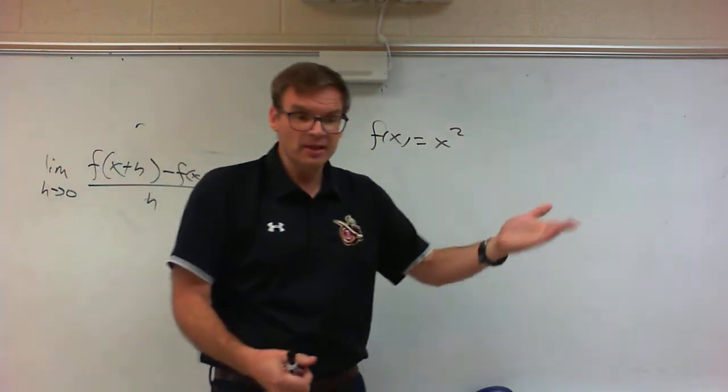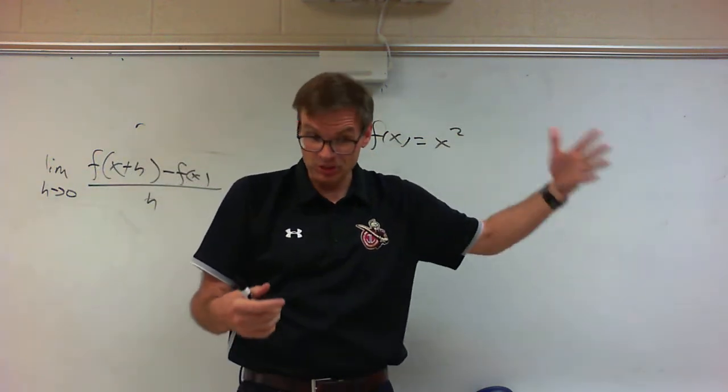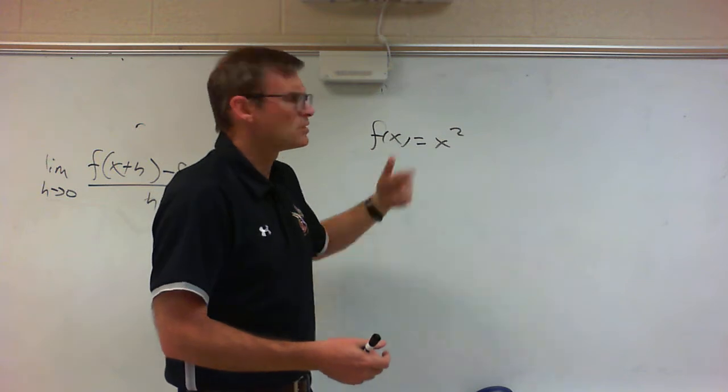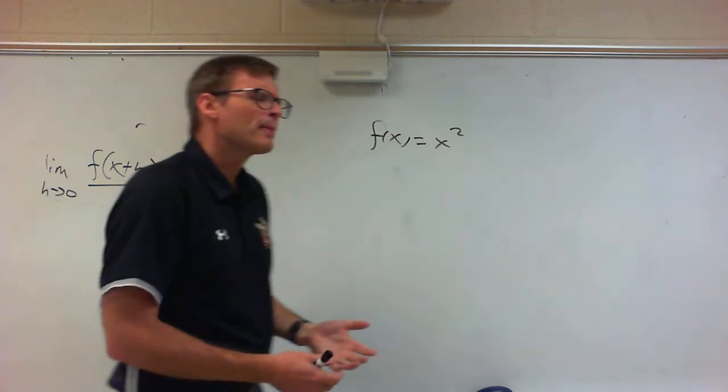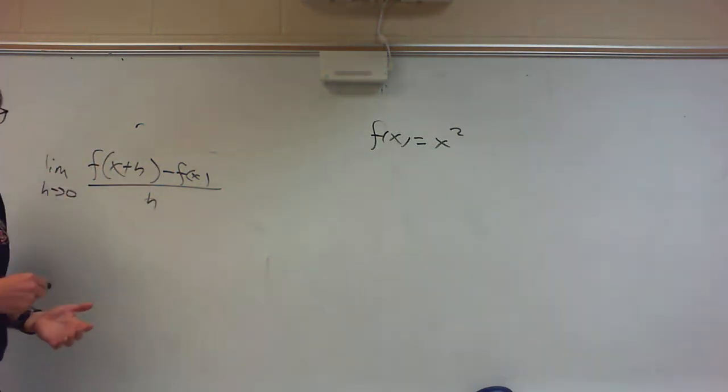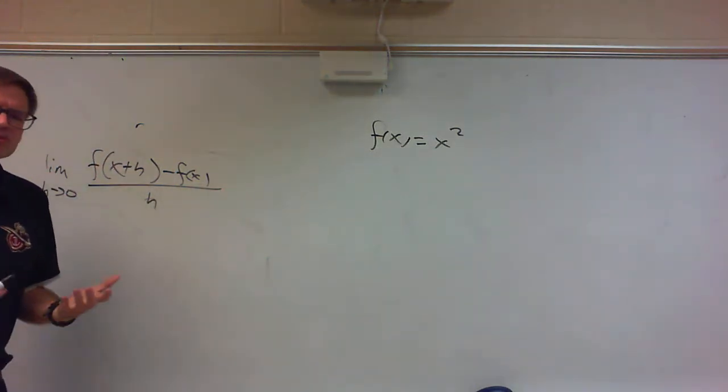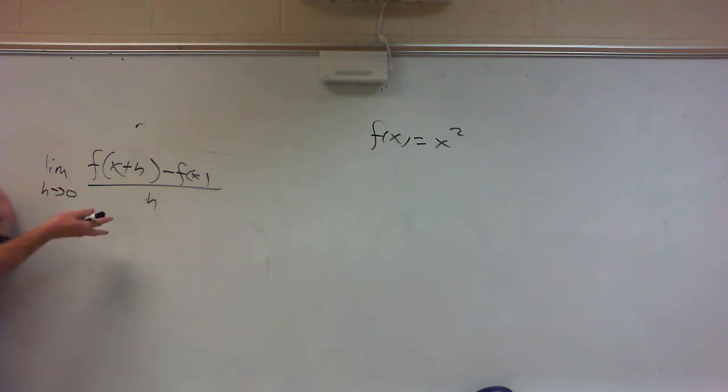Because that's the same thing as asking, if I give you a graph of a parabola, what's the slope of the parabola? It's like, well, I'm not quite sure, but I have this little formula over here that helps me figure out what the slope of something is, because when I do this, I am computing slope.